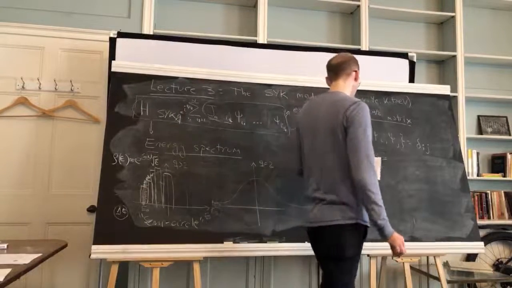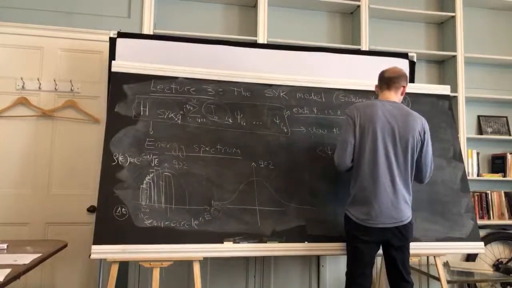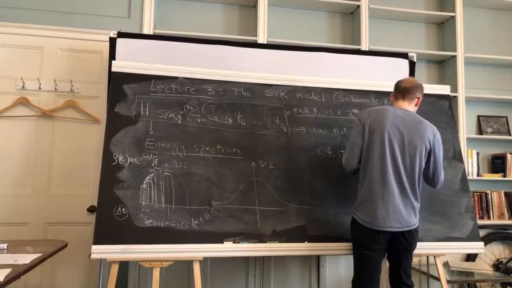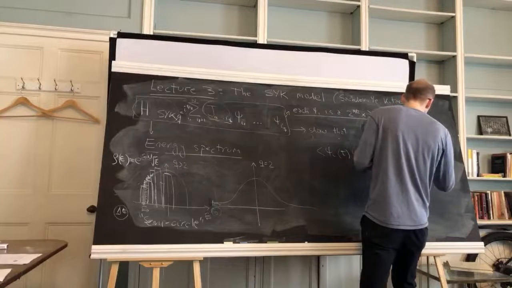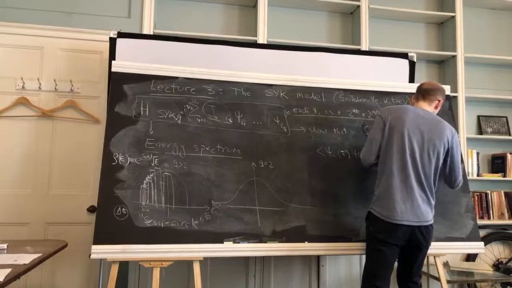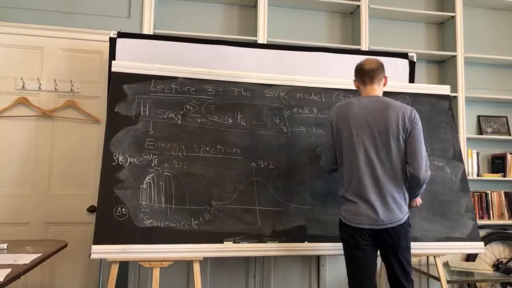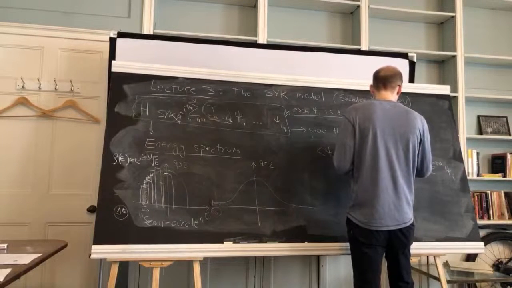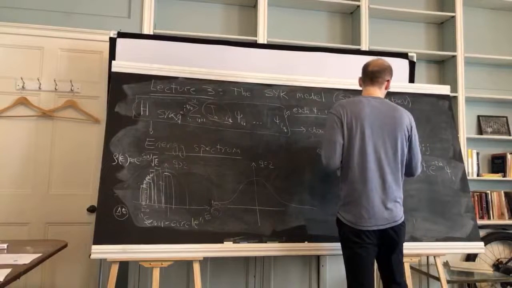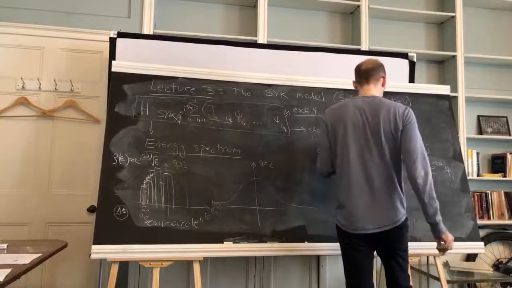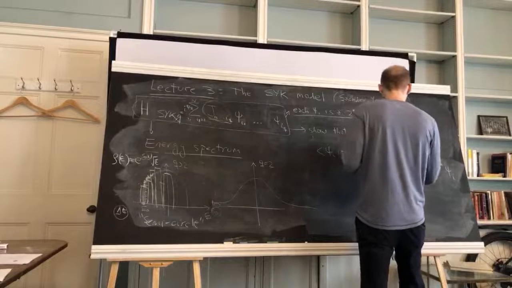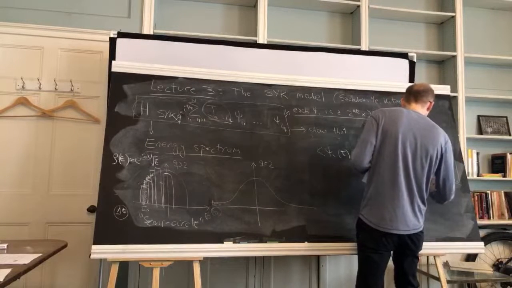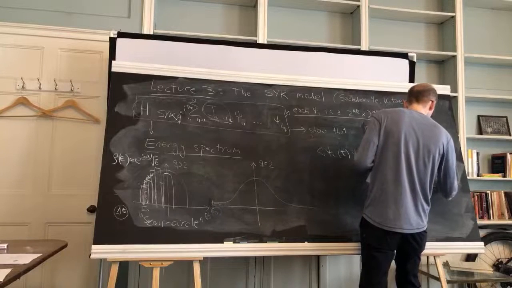You just need to multiply many matrices together: e to the tau H, psi I, e to the minus tau H, psi I. Then to get the thermal expectation value, we multiply by e to the minus beta H and take a trace of all these matrices. And sometimes we want to normalize this by the trace of e to the minus beta H.